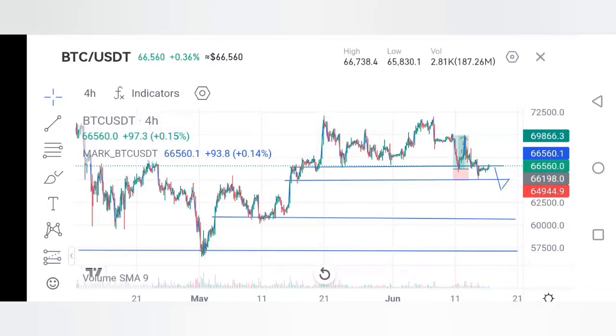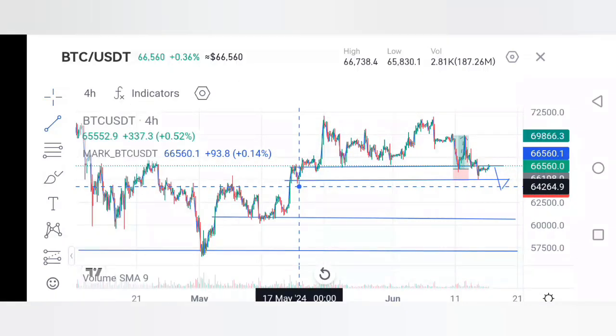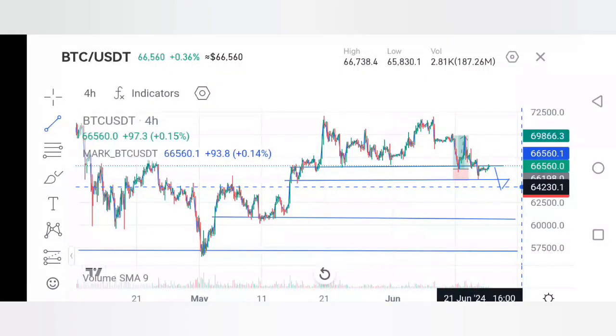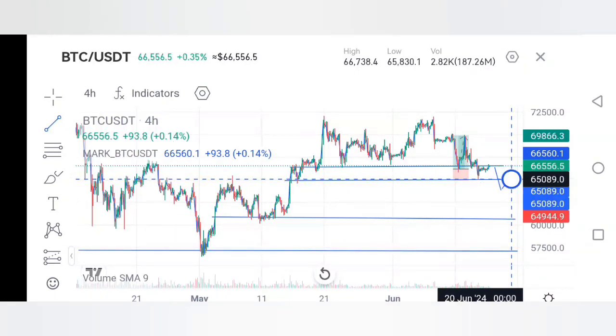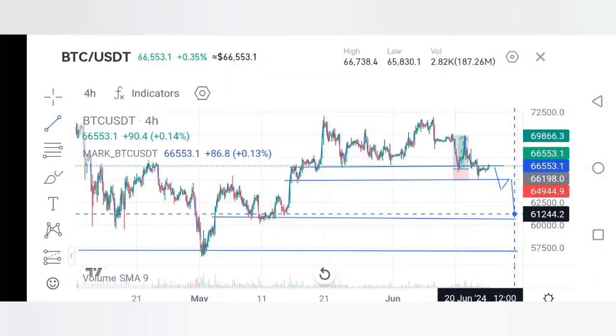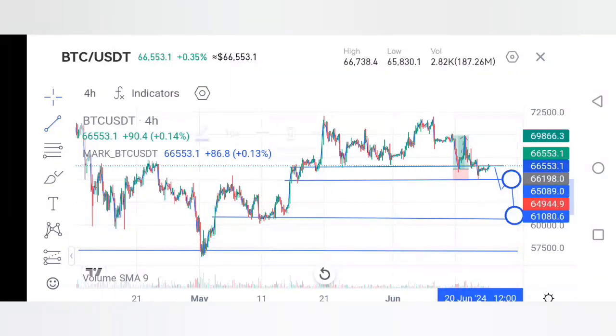This is what I expect the market to do. So I'm very used to trading long position. I'm very, very used to trading long position. So I'm expecting the market to take a fall to the lower side.